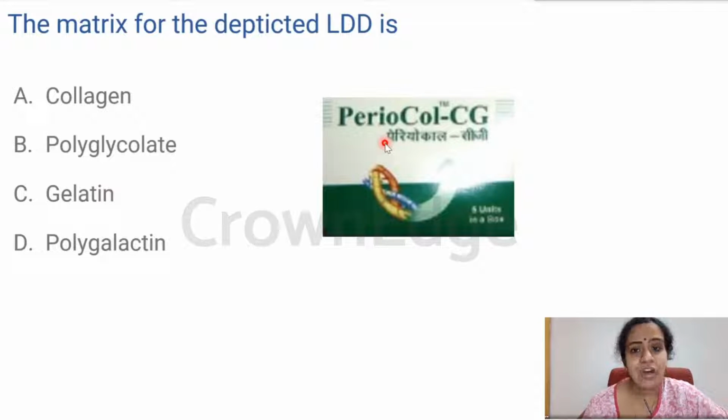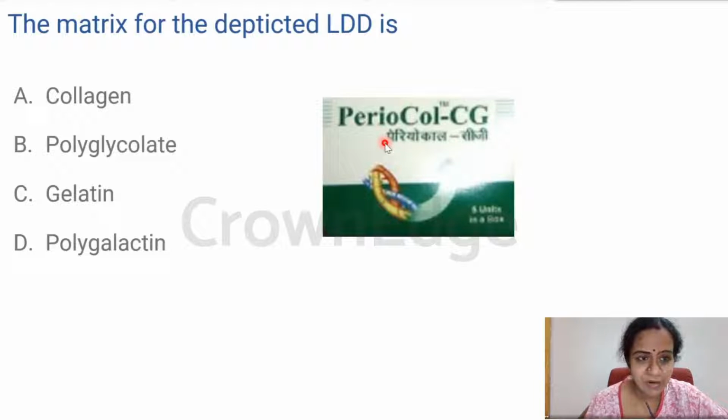The matrix for PerioCol is, again, this is too straightforward, but still. Is it collagen, polyglycolate, gelatin, or polygalactin? And what is PerioCol? That also you should tell me.